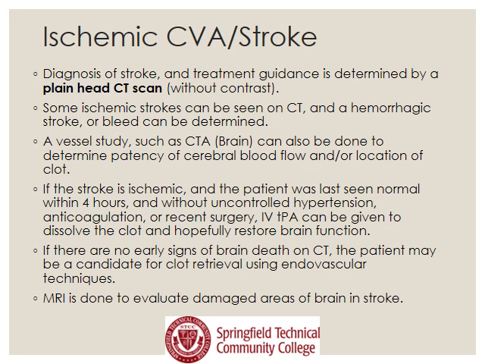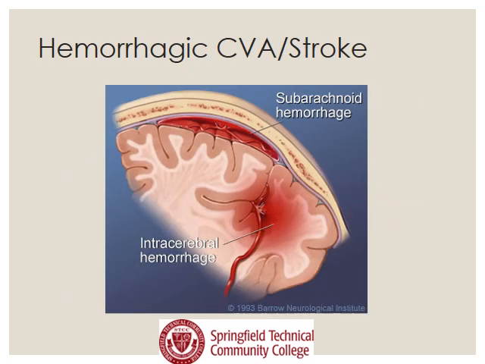MRI is done to evaluate the damaged areas of the brain in stroke. This is typically done after the plain head CT and after the patient has received any treatment, and it can be used by the neurology team to guide prognosis.